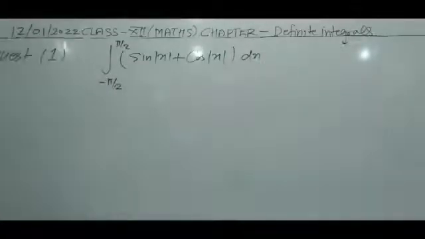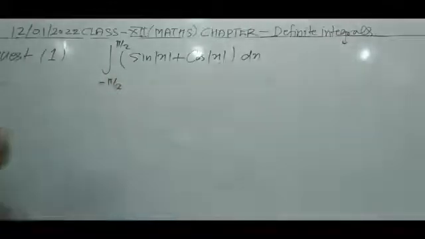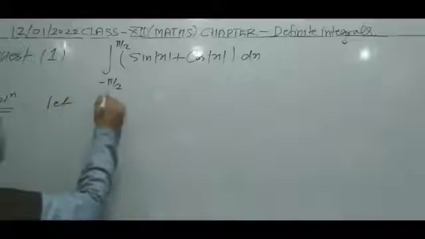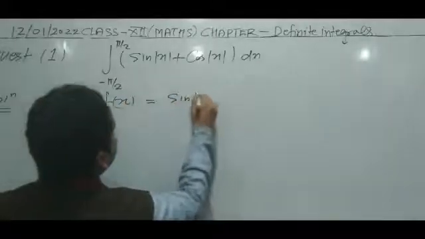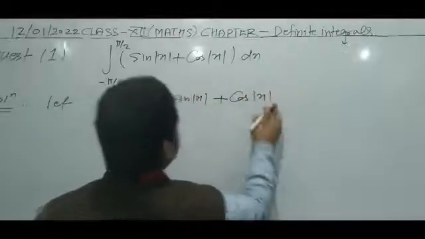So first of all, what we have to do? We have to check the function. Which type is this function? Solution: let f(x) is equal to sine of mod of x plus cos of mod of x.